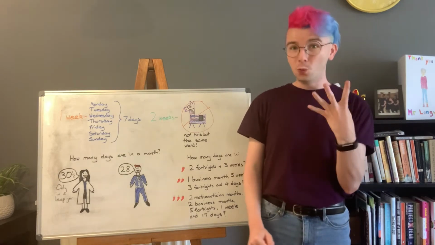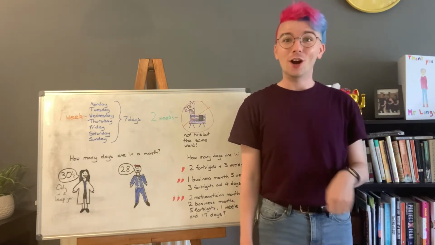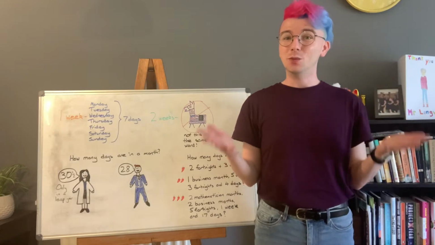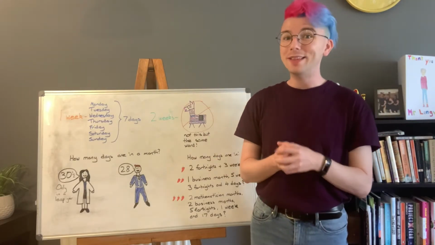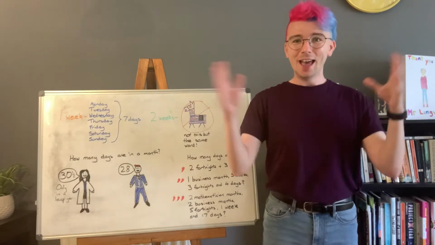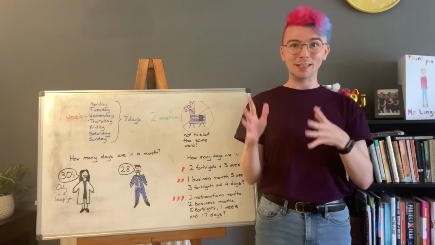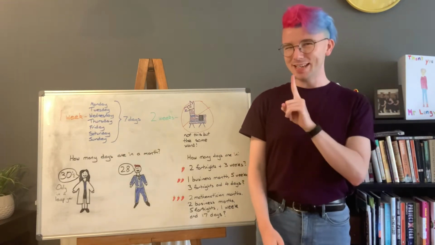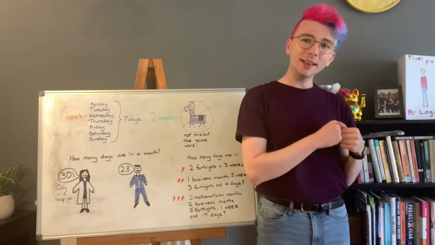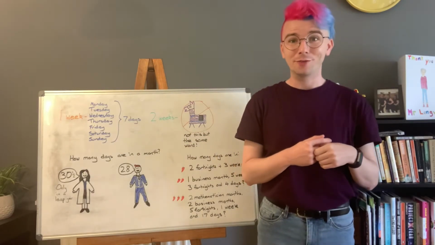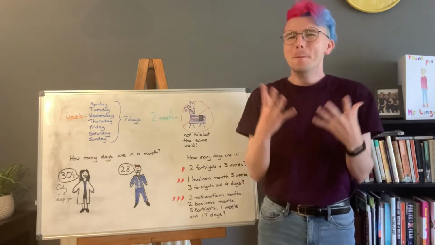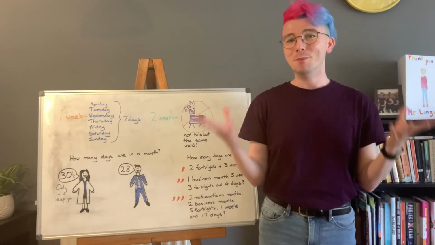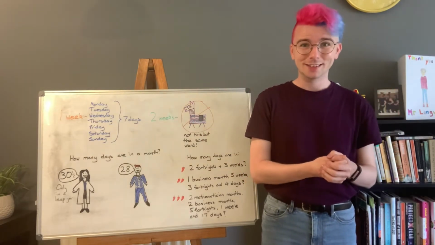There are 4 sets of 30, there are 7 sets of 31, and there is 1 set of 29 in a leap year. Adding that all together gives you 366, and when you divide that by 12, how you would get the mean average, you get the answer of 30.5. So that's why our mathematician may say that a month has 30.5 days.